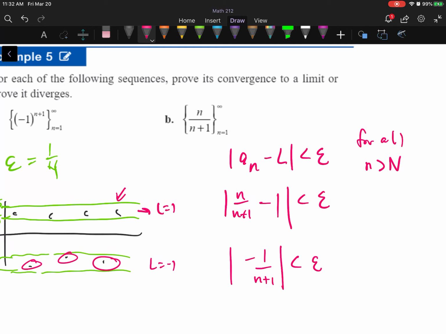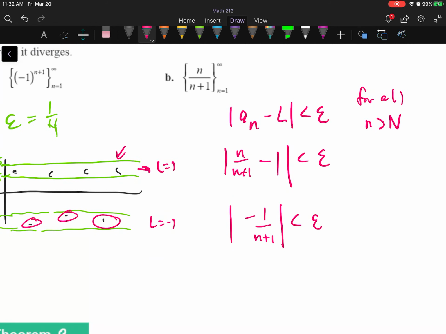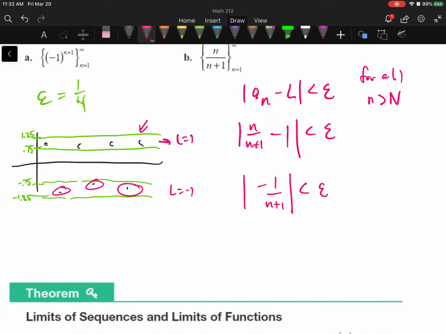And so this tells us a relationship between how far the nth term is going to be away from the limiting value 1. It's going to be 1 over n plus 1 away. And so if we choose n bigger than 1 over epsilon, that means that 1 over n is less than epsilon.